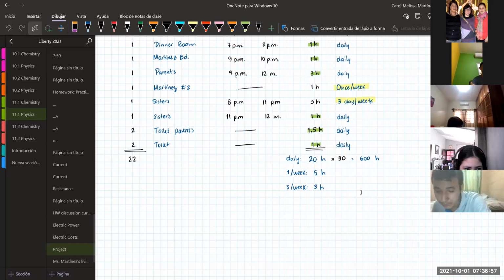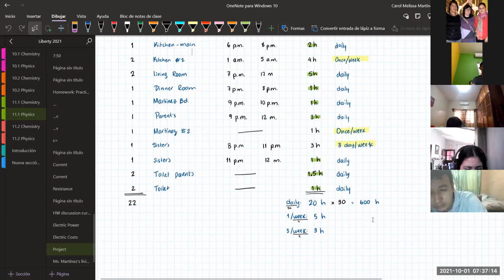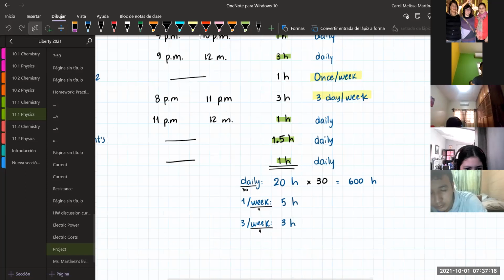¿Cuántas semanas tiene el mes? Bueno, creo que no saben contar cuántas semanas tiene el mes, entonces les voy a decir. 4 weeks.